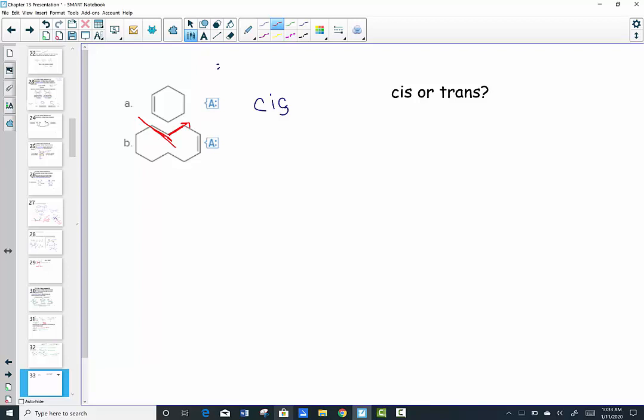Let's draw a line from the double bond just to extend and find the plane of the double bond. Both carbons are heading out in the same direction. That's to the left of the line. The same direction would be a cis conformation. So letter B gives us an example of a trans on the left side and a cis on the right side of the molecule.